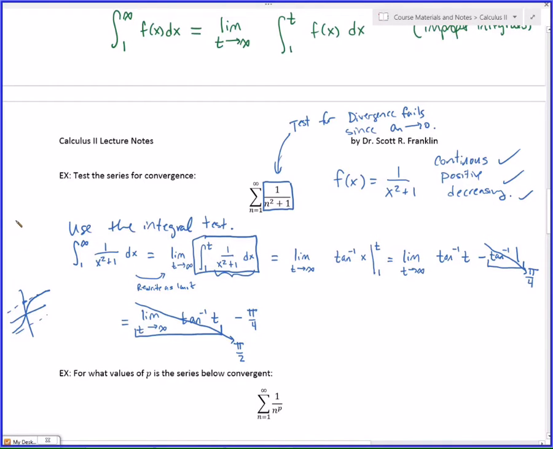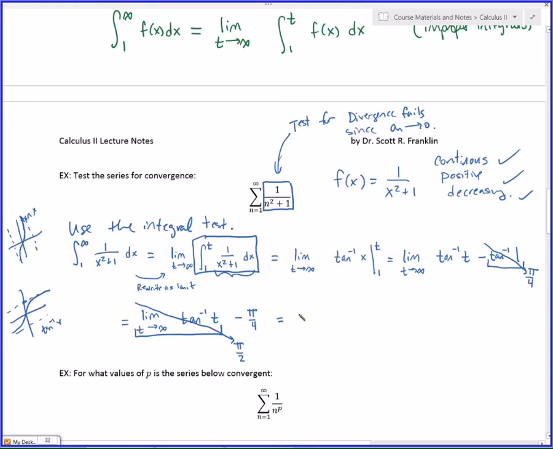It comes from the fact that this is tangent inverse of x. When you graph tangent of x, it's got these asymptotes at negative pi over 2 and positive pi over 2. Right? And then to get an inverse, you reflect it about the y equals x line.